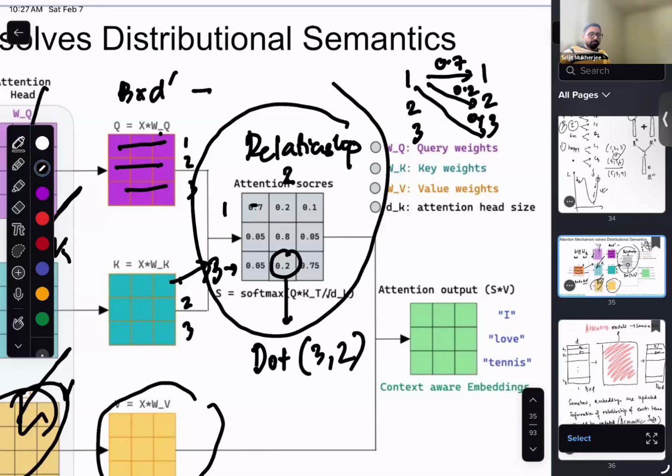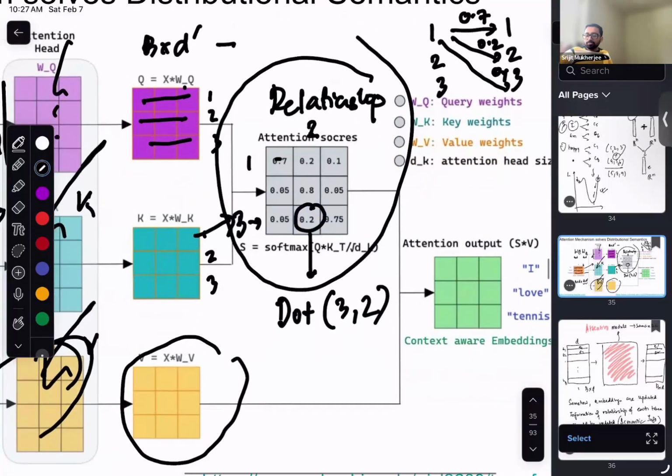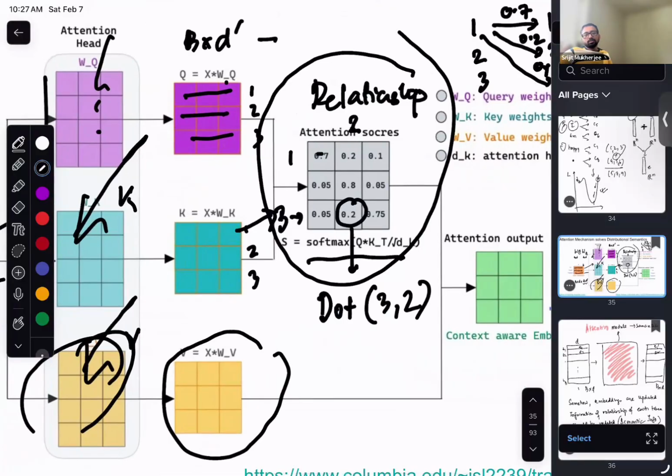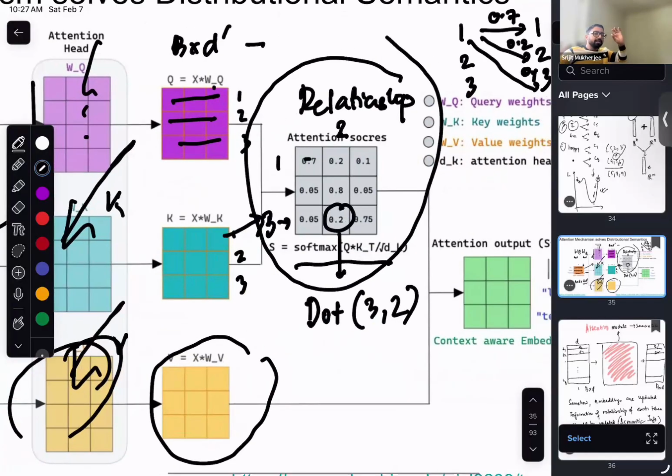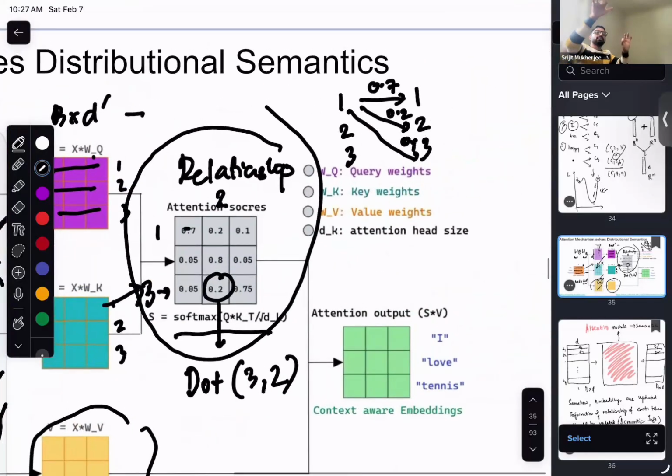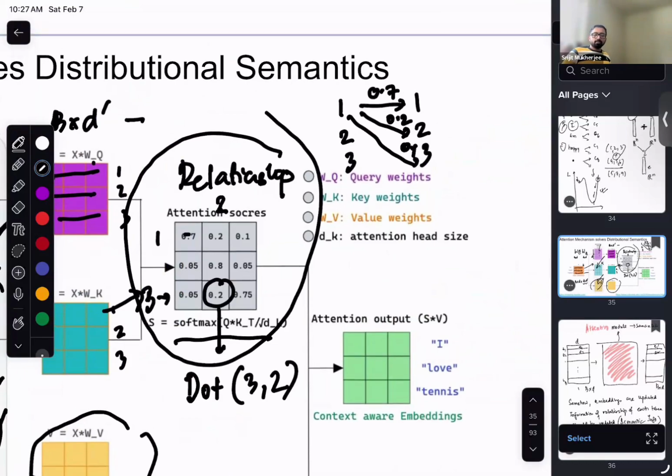Similarly, the second row. So it's a pairwise relationship. This 0.7 tells you kind of the probability, because there's a softmax here. So it turns into a probability from each element to the next element. It gives you the weightage.